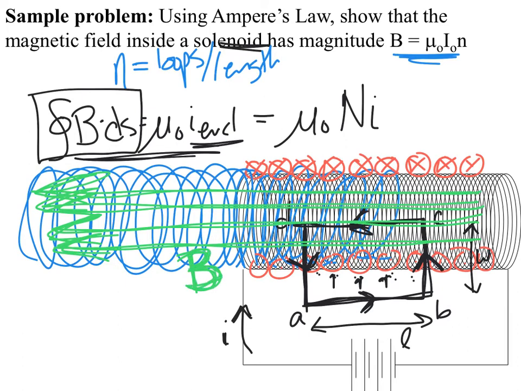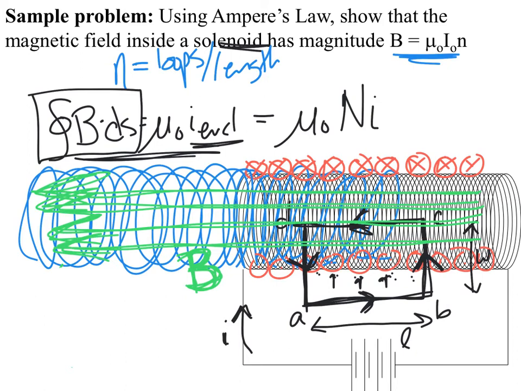But the other thing about this infinite ideal solenoid is there's no spots for the magnetic field to turn and leak outward. Any components of magnetic field that point out in this direction should be canceled due to the symmetry of this system. So I can't actually have any components outside of this solenoid.